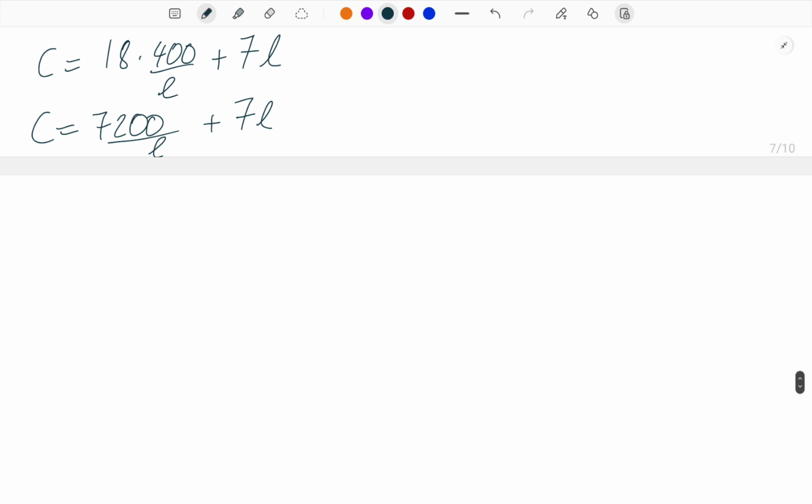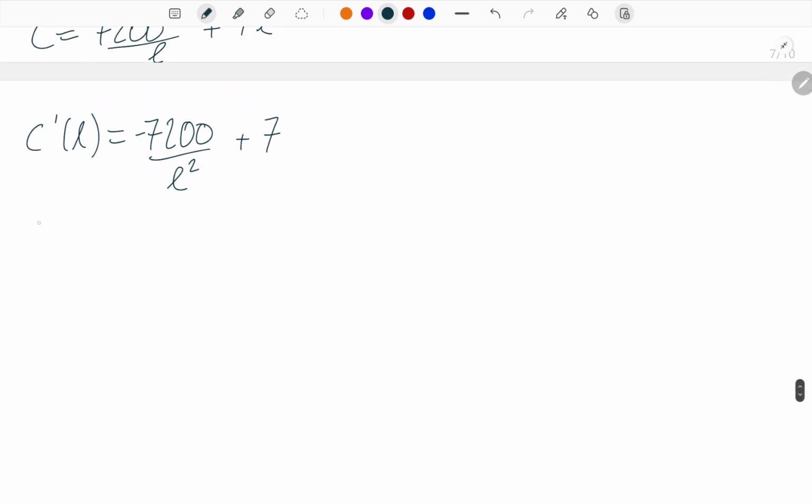We need to find the critical points, to find out where on this cost function the minimum is. So we'll do prime notation now. Since it's in terms of a single variable, we can say C prime of L. Dividing by L is the same as a negative 1 exponent, so C prime of L is going to be negative 7,200 over L squared plus 7. Okay. And to find the critical points, set that equal to 0.